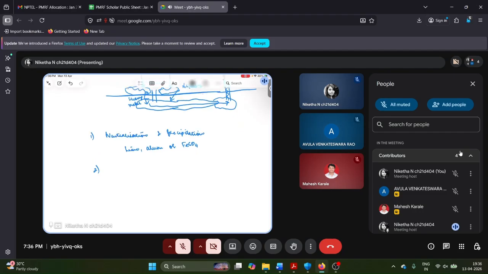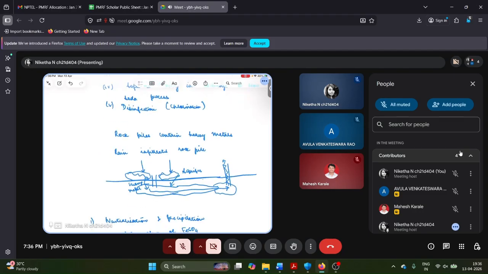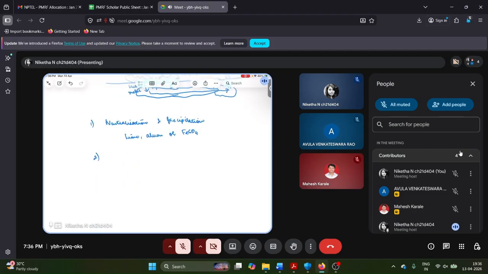So the second way of treatment is through high rate algal ponds. High rate algal ponds generate a lot of alkaline waste. So this alkaline water can be added to the acidic water to neutralize it.